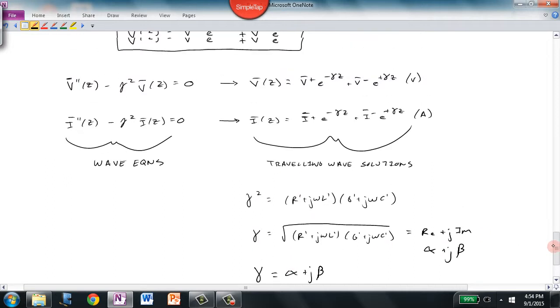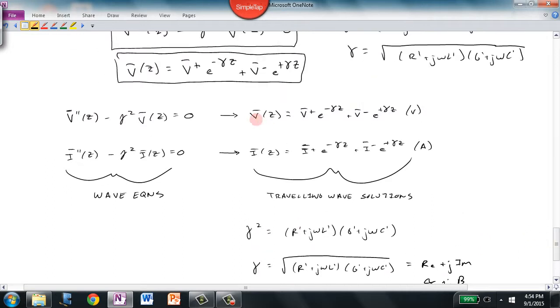So just remember that. Now that you know those, what does that tell us about the voltage along the transmission line? Well, the voltage along the transmission line is going to be a cosine wave traveling from left to right. That's what this represents. This could be rewritten as e to the minus alpha plus j beta times z, which if we undo the phasor notation is just going to be e to the minus alpha z cosine of omega t minus beta z.